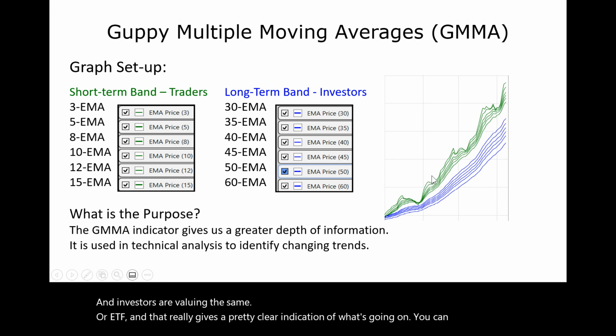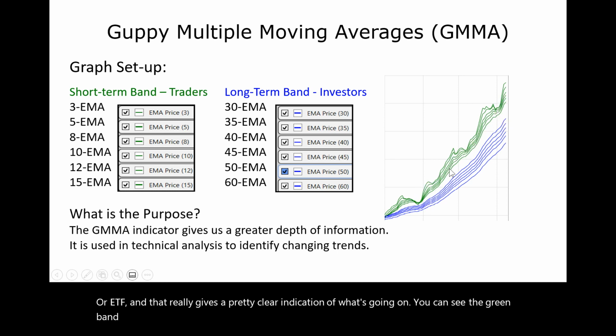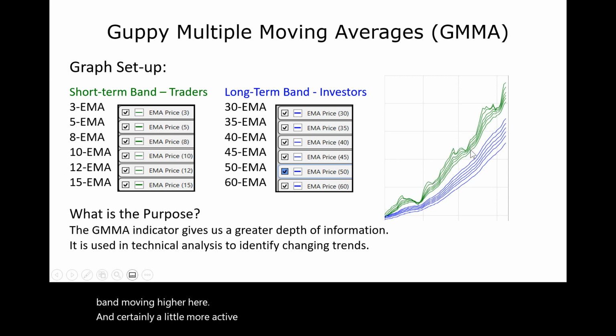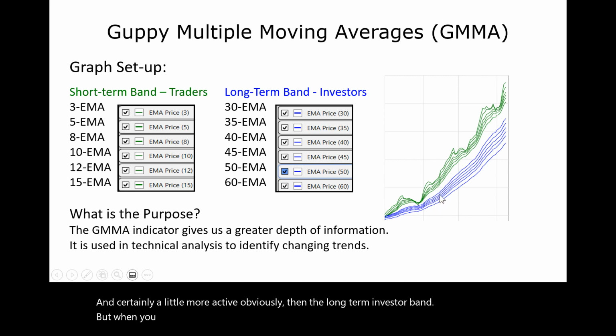You can see the green band moving higher here, and certainly a little more active, obviously, than the long-term investor band. But when you get a band that's going like this, from what I've seen so far, and we'll look at a lot of graphs today, this is what you love to see.